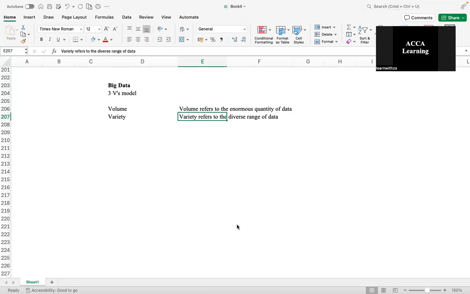Now, there are a lot of types of data. One of the types is structured data. What is structured data? It is easily organized, it is easily analyzed, for example, spreadsheets, databases. Then there is unstructured data, which is very difficult to analyze, which is not very organized, like your images, videos, audio files.